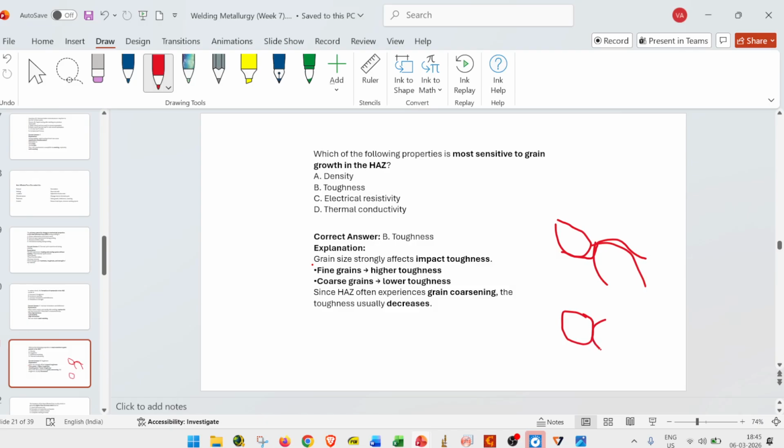If I have coarser grains here, assume, and if I have finer grains here, okay, the crack propagating path will be much more tedious here compared to there. Once a crack is ignited in coarse grains, it can easily propagate.